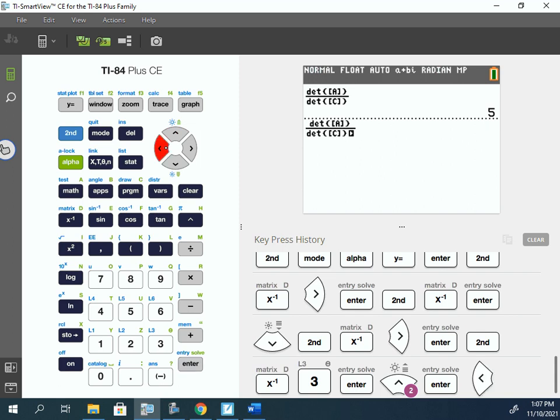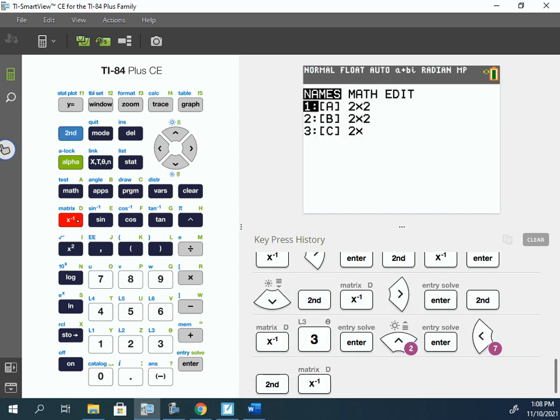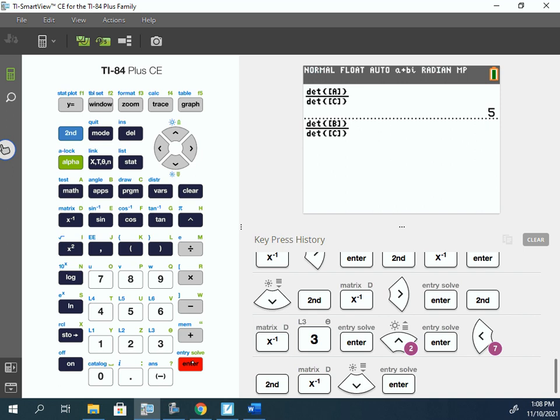Then I can use the arrow key to arrow back over to where it's on top of matrix A and call it matrix B, and it'll replace it. Really, when I start typing numbers in, it's going to write over the top of whatever I have. So since the cursor was where A was and I put B, it replaced it with B.